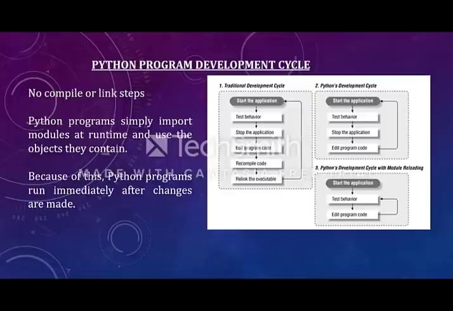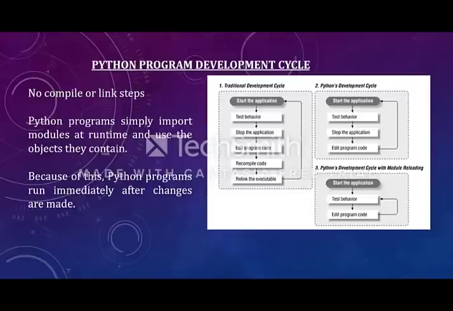Whenever you modify the code of the program, you need to recompile it and relink it with the executable files. Whereas in the Python development cycle, no need to do that. If you do the modification, automatically the changes will be reflected in the output. That is what I am trying to tell you.